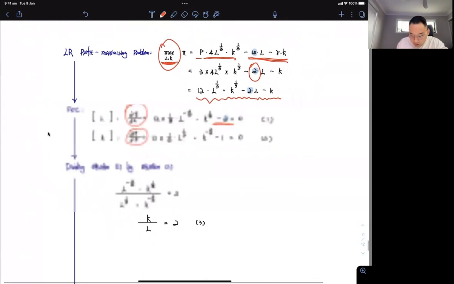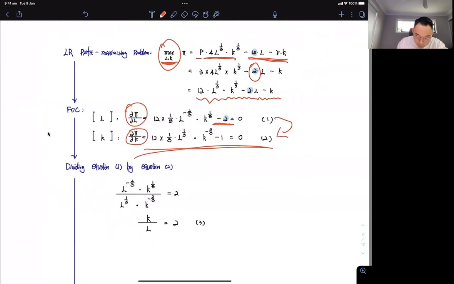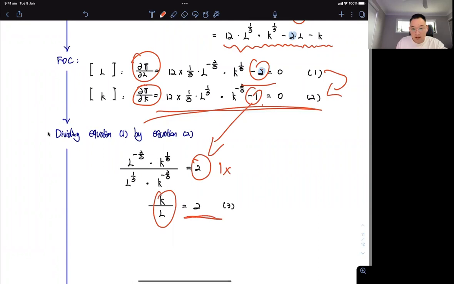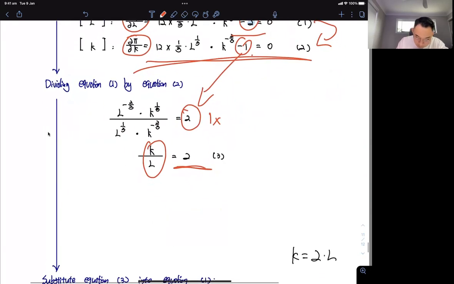So what we need to do is equation 1 divided by equation 2. Instead of having 1 here, we have 2, because here -2 divided by -1 gives 2. So in the end, we have K over L equals 2. That's easy. That means K equals 2 times L.